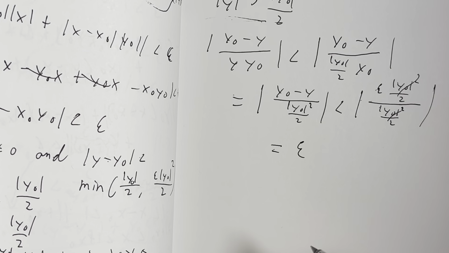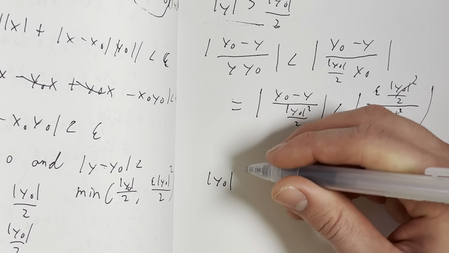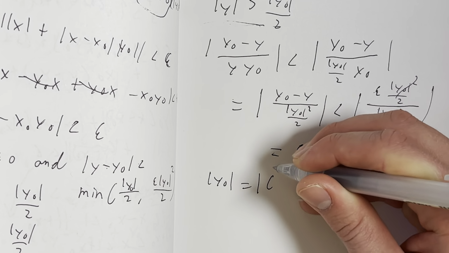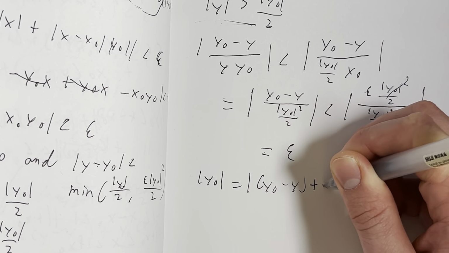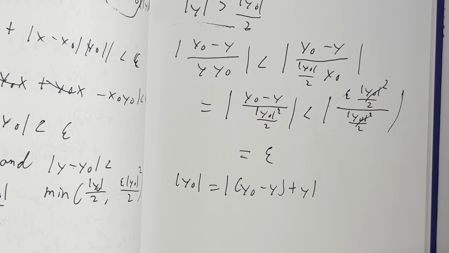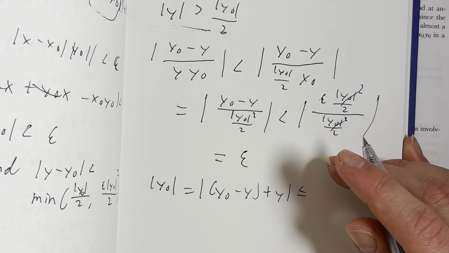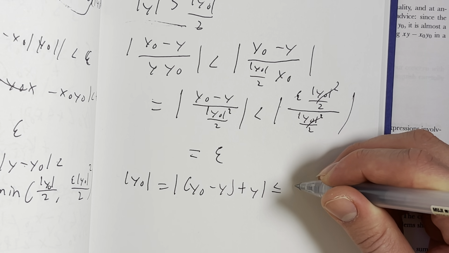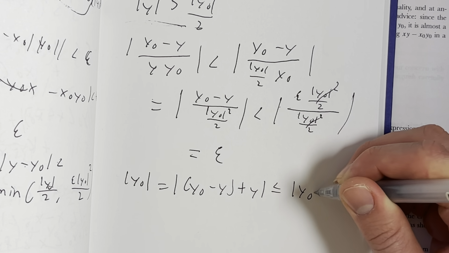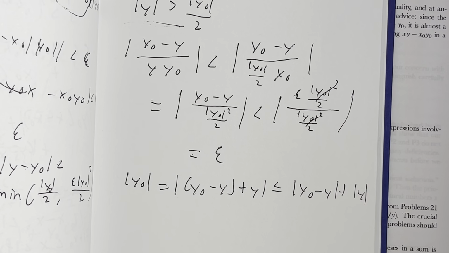And well, let's do that. We know that the absolute value of y0 is equal to the absolute value of y0 minus y plus y, which is less than or equal to the absolute value of y0 minus y plus the absolute value of y.